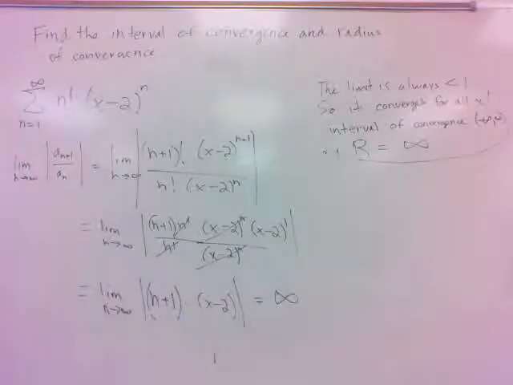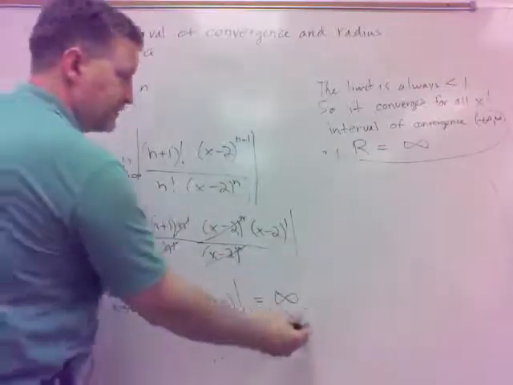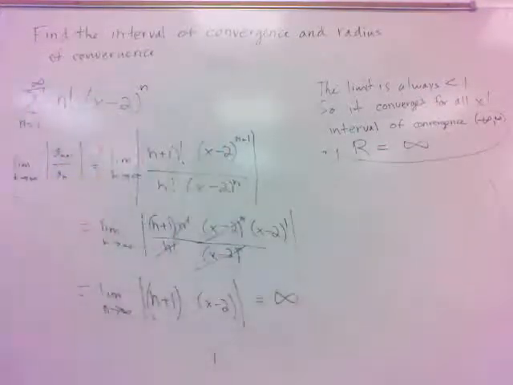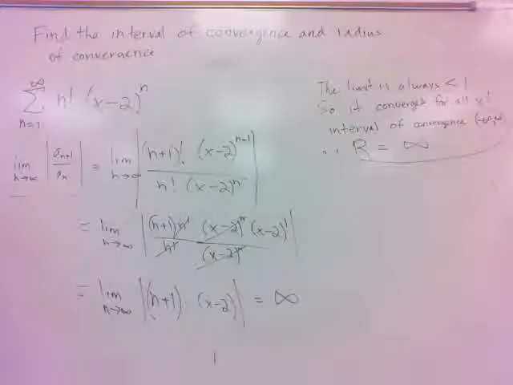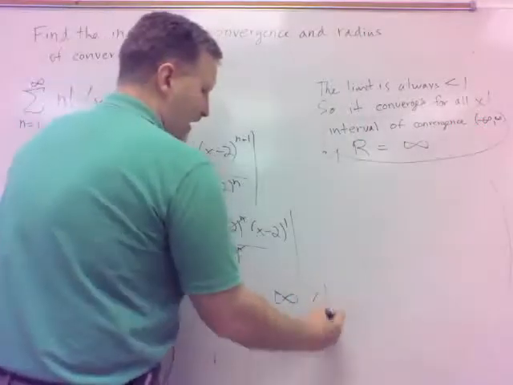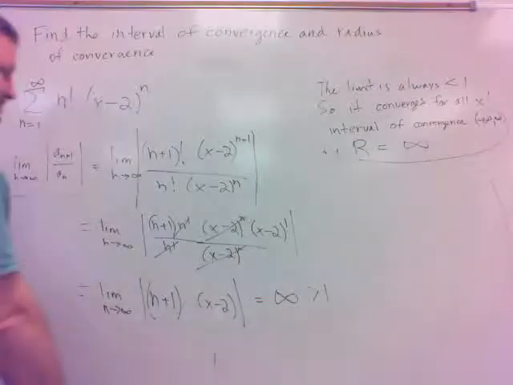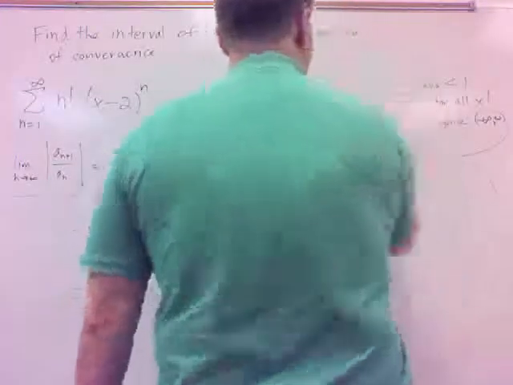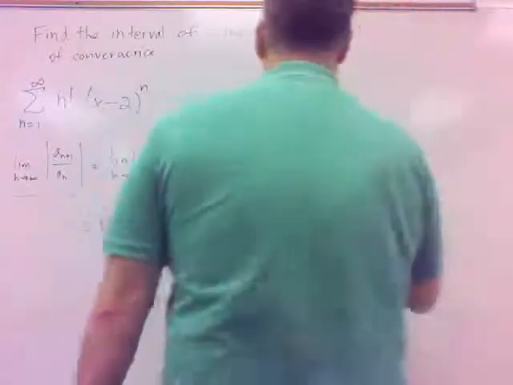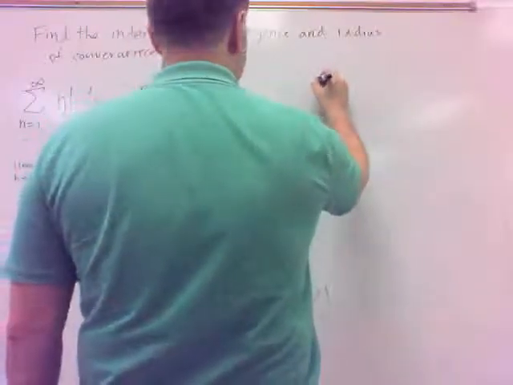Now, by the ratio test, remember, this is just the limit on my ratio test. If the limit is less than 1, it absolutely converges. If the limit is greater than 1, it diverges. That's greater than 1, isn't it? This limit is always greater than 1, except. Okay, so that's where I had my exception. I got too quick on my exception.